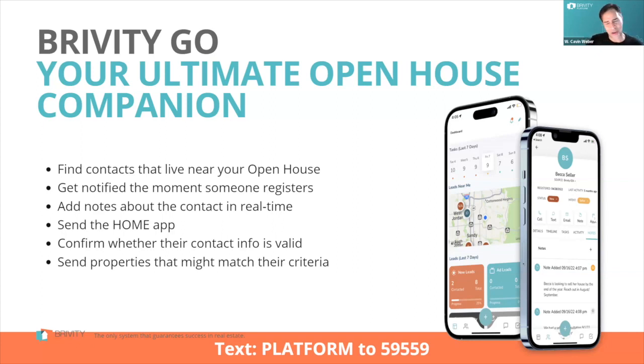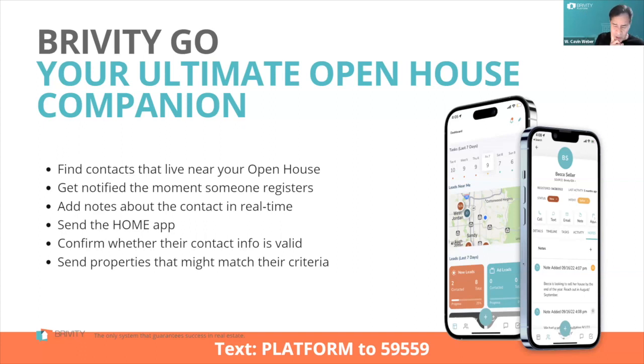What's going to happen with their phone? Chances are pretty good they have a buzz, ding, or whatever their alert is. They're going to pull their phone out. And now we know, do I have a real contact? Did you get my text? I sent you my home app. Did you get that? I sent it to both your email and your number. This is verifiable; this helps them verify.